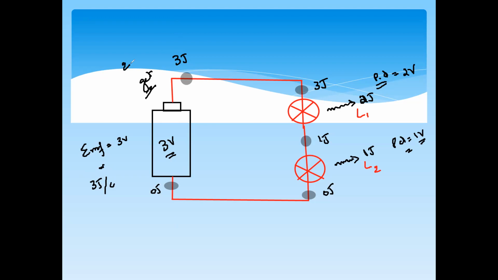The similarity between EMF and potential difference is that both refer to joules per coulomb, or we can also say volts.